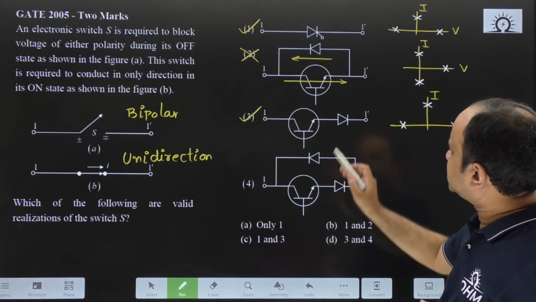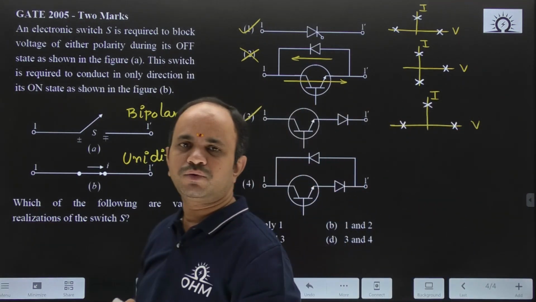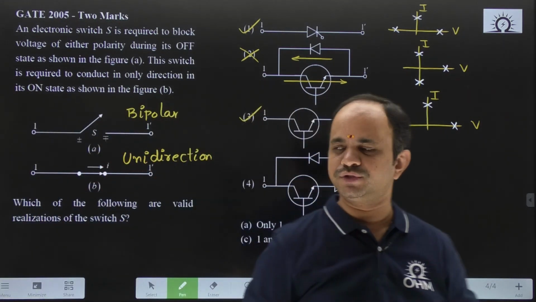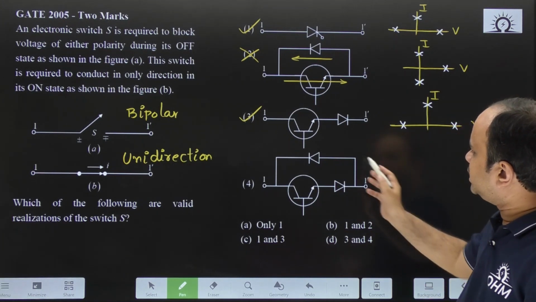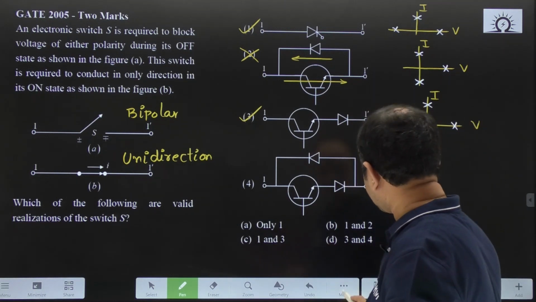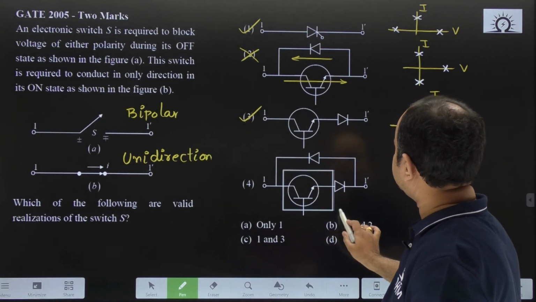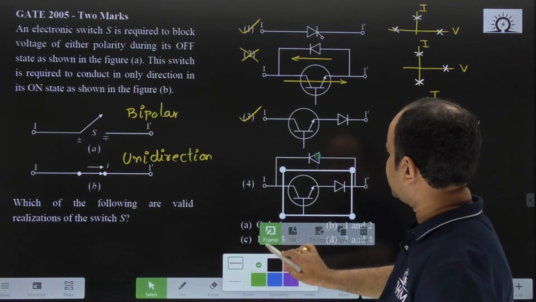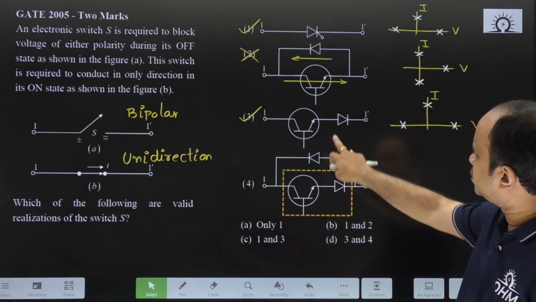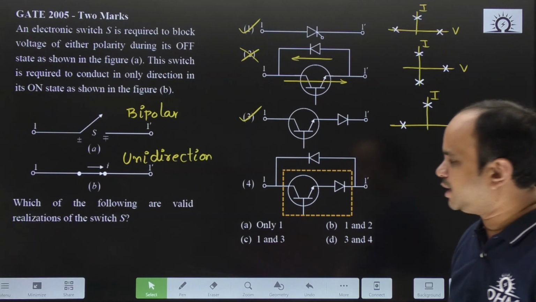Now, if you see this third option, a power BJT with a series diode is equivalent to SCR characteristics, bipolar and unidirectional switch. So, when a diode is connected in anti-parallel to this combination, if you observe carefully, this particular part is similar to the third option, right? That means SCR. For SCR there is an anti-parallel diode.